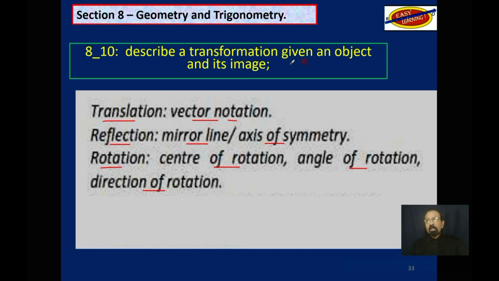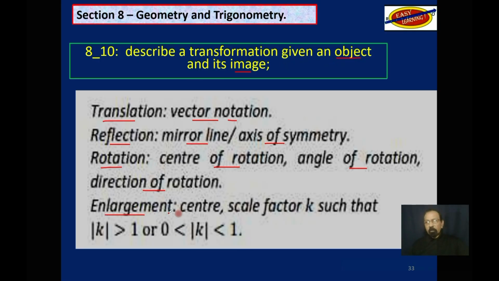Remember, you will be given the object and its image now. And finally, enlargement, the center of enlargement and the scale factor, K, under these conditions, where the absolute value is greater than 1 or somewhere between 0 and 1. This absolute value is called the modulus.